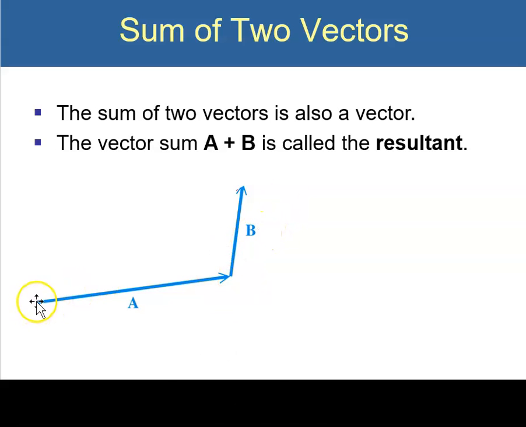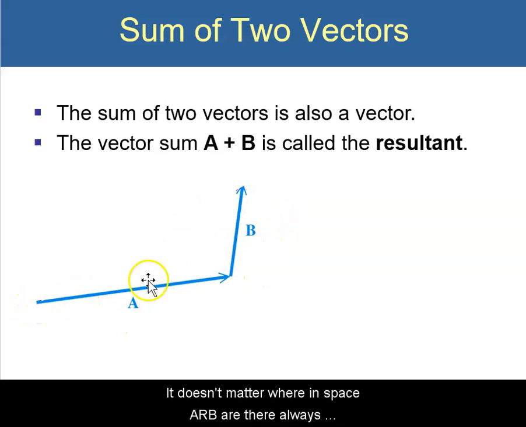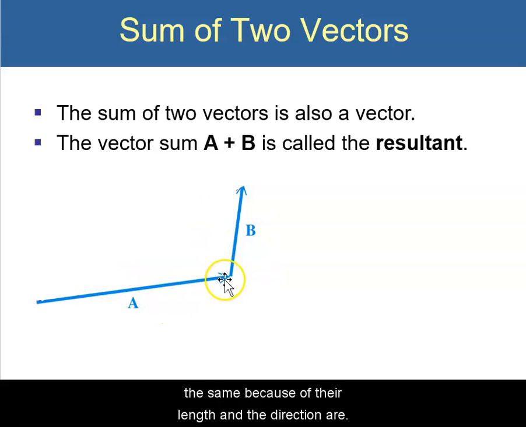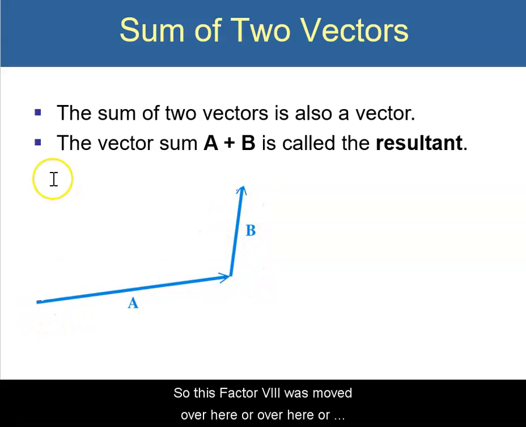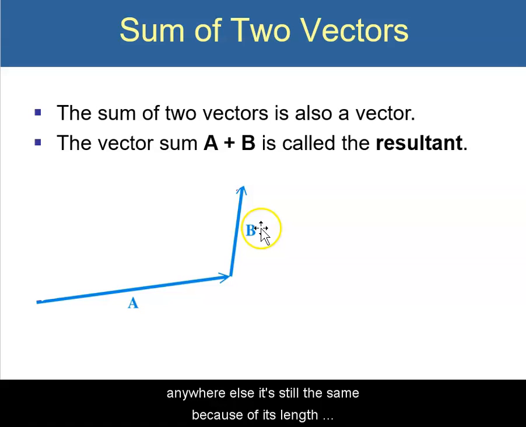It doesn't matter where in space A or B are, they're always the same vector because of their length and the direction they're pointing. So if this vector B was moved over here or anywhere else, it's still the same vector B because of its length and the direction it points.